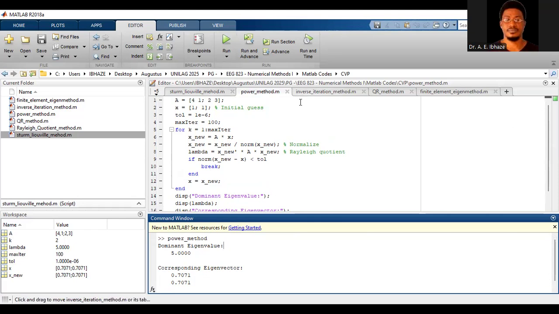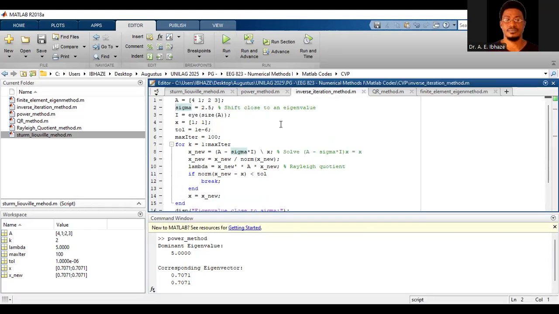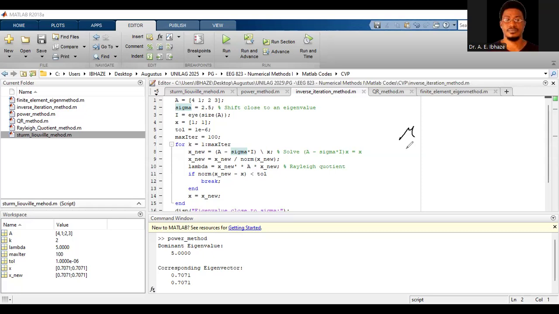And the inverse iterative method is literally used to find an eigenvalue that is closest to a given shift. So let's assume we identify a shift, then we want to evaluate the eigenvalue that is close to that. Now we have lambda being the same as 2 and lambda being the same as 5.